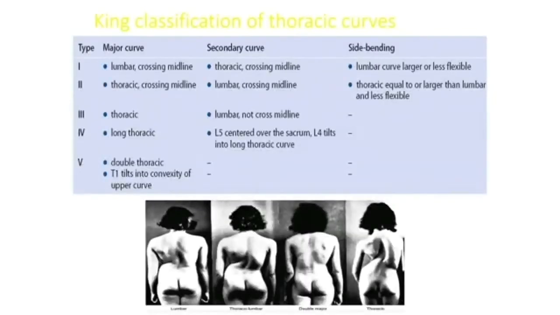The classifications serve the purpose of being effective methods by which I can describe the deformity to other surgeons or parents or family, or put it in the record, but they should also guide me to the treatment plan. So this is the King classification, which is very simple, and I don't use it that much.